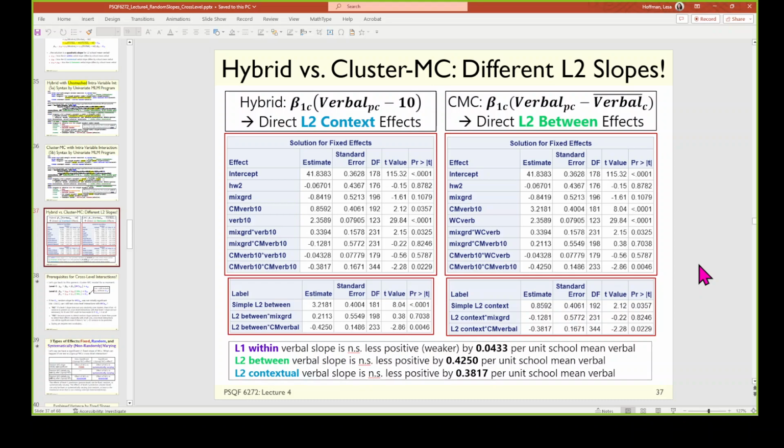Okay. So the way I would interpret this one over here is we have the main effect is 3.2. The quadratic interaction that goes with it is negative. So I would say that that effect of cluster mean verbal becomes less positive by 0.86, twice the quadratic, per unit cluster mean verbal.